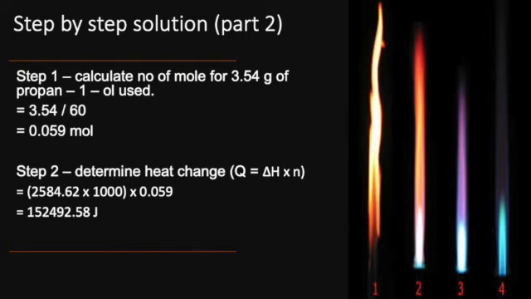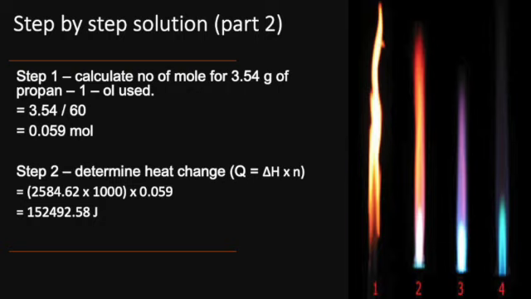Then after that, step 2 will be a little bit tricky. We use the formula delta H equals to Q divided by n. But now, we already know the delta H from the previous question, and we have calculated the number of mole from step 1. So we need to find out the heat change.